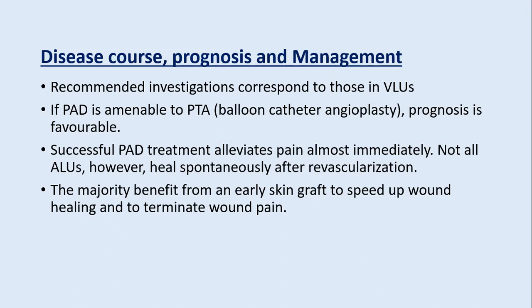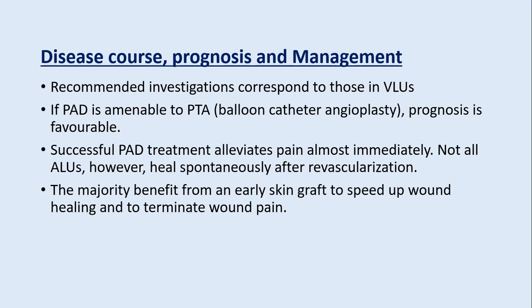If peripheral arterial disease is amenable to PTA, that is balloon catheter angioplasty, prognosis is favorable. Successful peripheral arterial disease treatment not only alleviates pain but also heals the ulcer. But not all arterial leg ulcers heal spontaneously after revascularization.